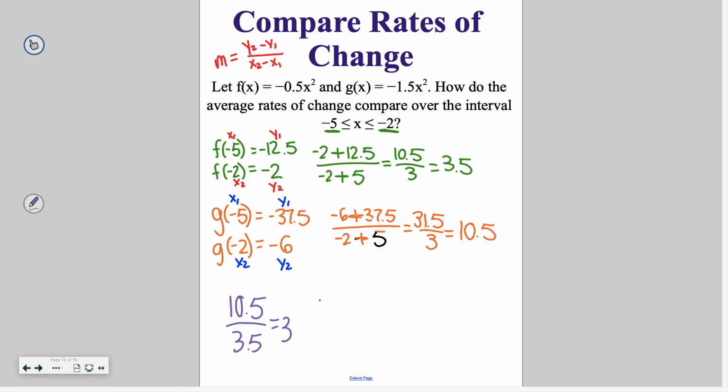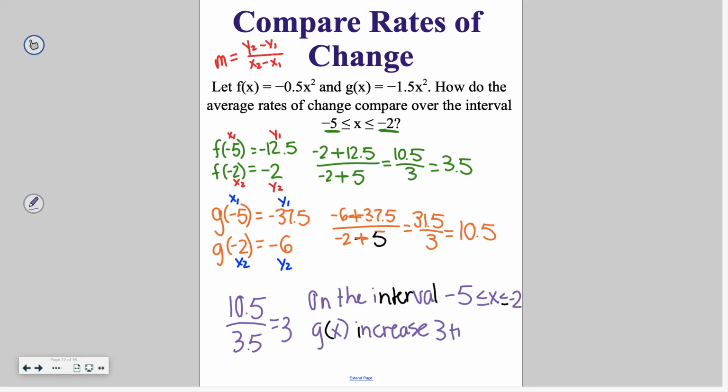So what that means is on the interval of -5 to -2, so just in that particular space, g of x increases 3 times faster than f of x.